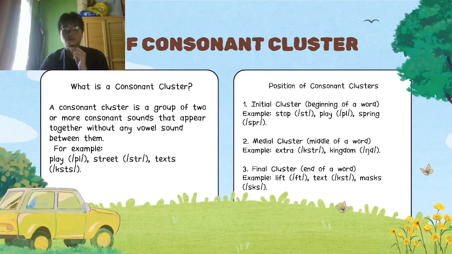You can see extra is str, or kingdom, ng. And then final cluster, end of a word. Example is lift, ft. And text, xt, and mass, six.